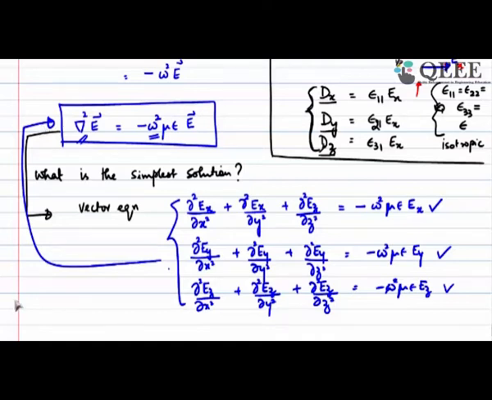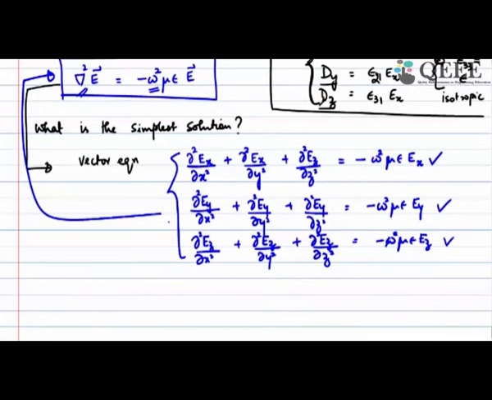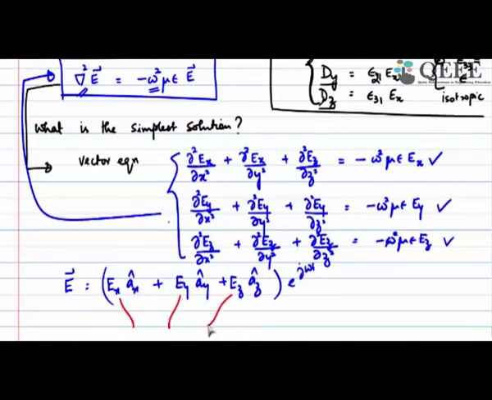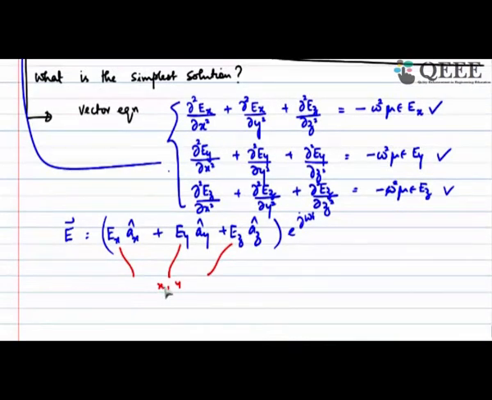It is actually telling you three sets of equations, three equations, which means that my E has a component Ex ax plus Ey ay plus Ez az, and it has a time variation e power j omega t, and each of these Ex, Ey, Ez are functions of x, y and z.